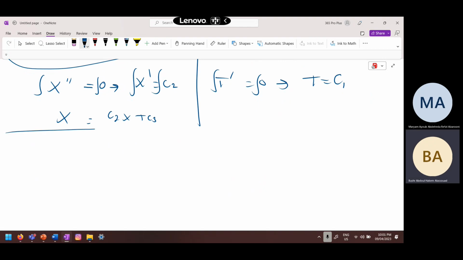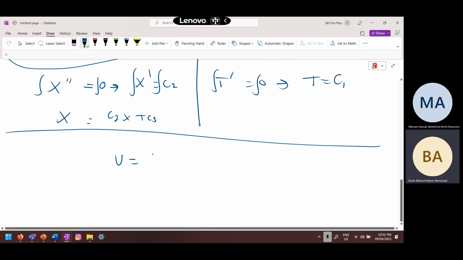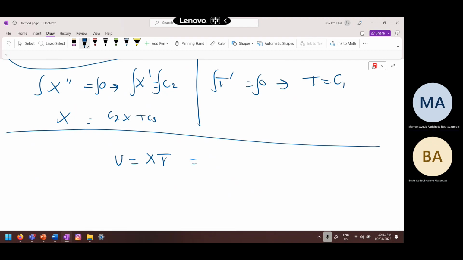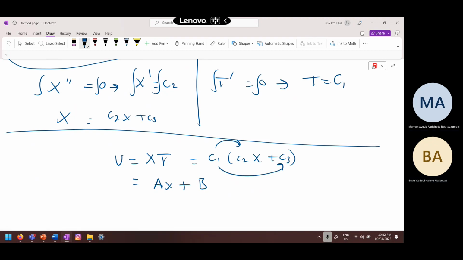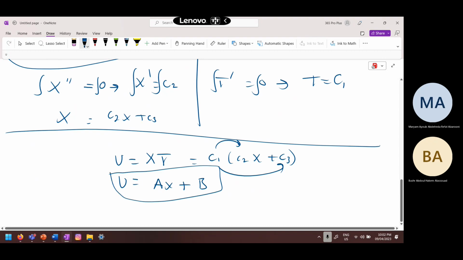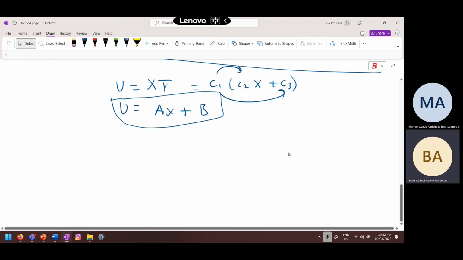This again, substitute in the assumption. U is equal to X T, c1 times c2 x plus c3. This will give you that ax plus b. A constant with a constant is just another constant, correct? Okay, this is the first solution for you.